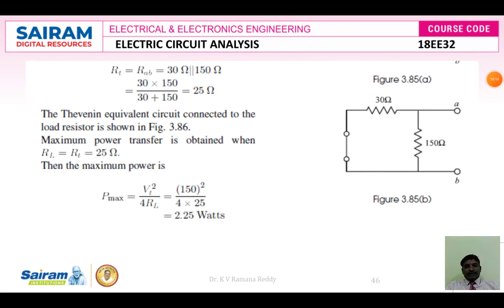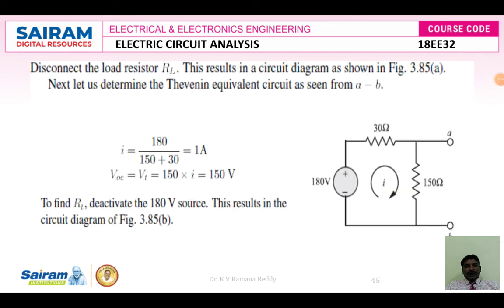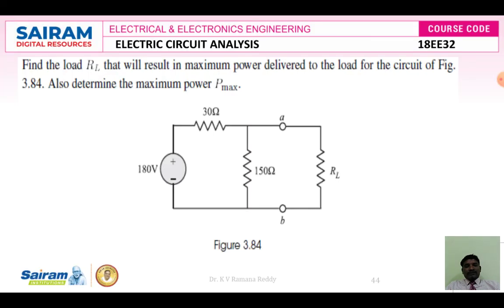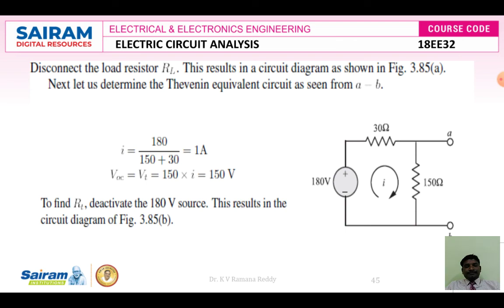That is, 225 watts is the maximum amount of power which is flowing in the given circuit according to this problem. Thank you.